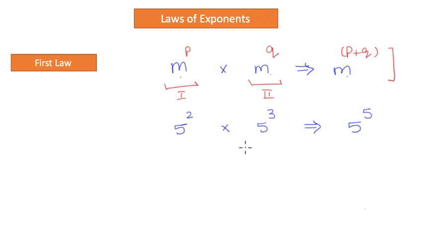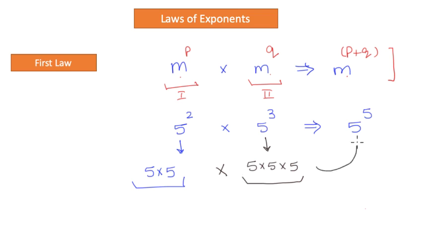But let's see how it really works. 5 to the power 2 can be written as 5 times 5, and 5 to the power 3 can be written as 5 times 5 times 5, three 5s being multiplied together. Multiplying these two numbers, I have five 5s multiplied, which is simply another way of writing 5 to the power 5.